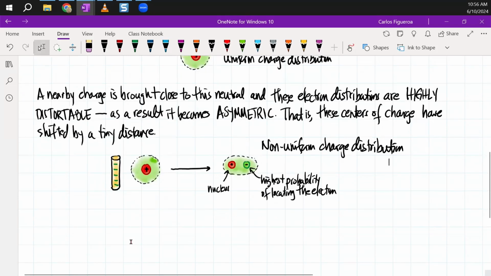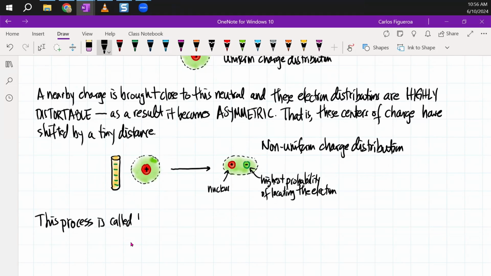And this is the important piece. This process is called polarization. And an electric dipole, which we typically call a dipole moment, which I'll get more into later, is created.